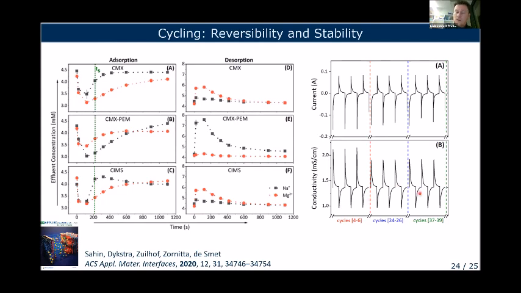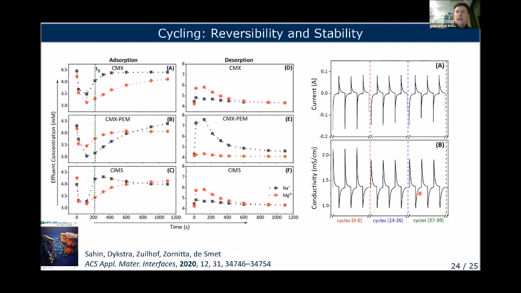So with conductivity, we also look indirectly, of course, at the concentration for cycles, what we studied up to 40. Of course, this needs to be further extended in the future, but for the proof of concept of applying these materials onto membranes and coatings, that was already a nice start, I would say.